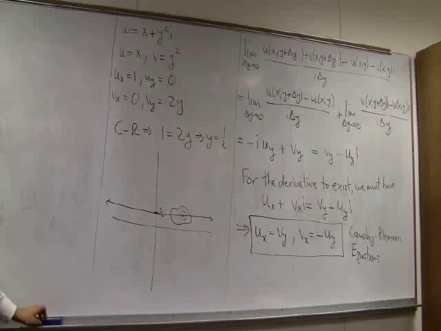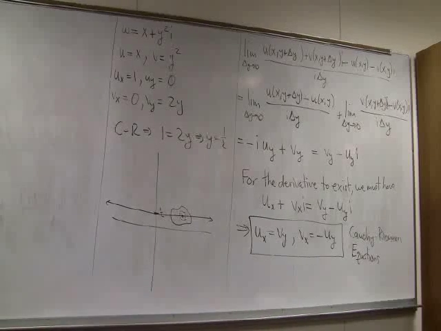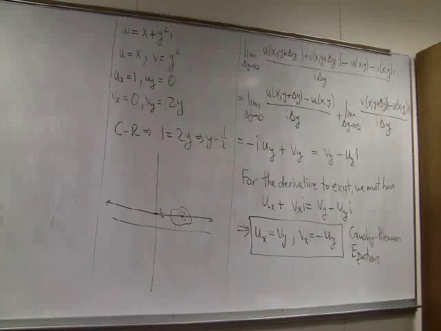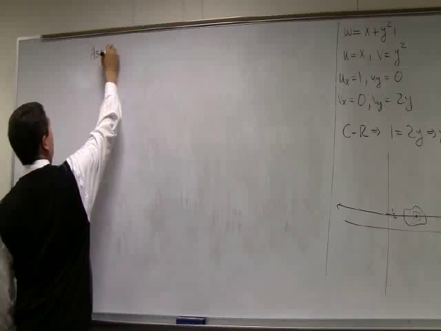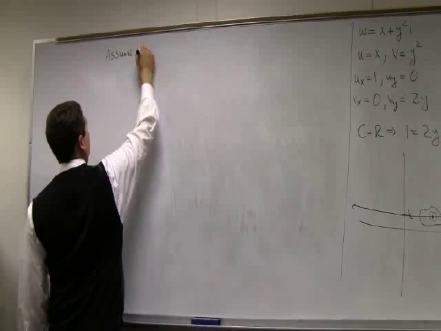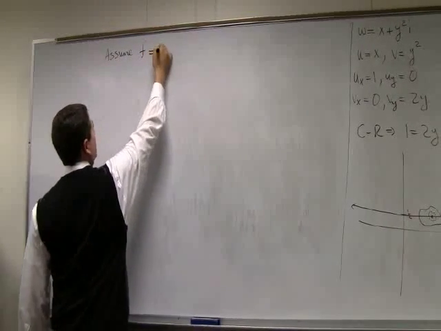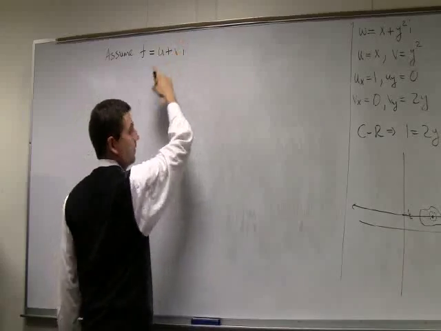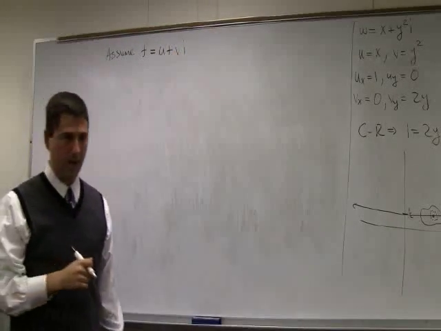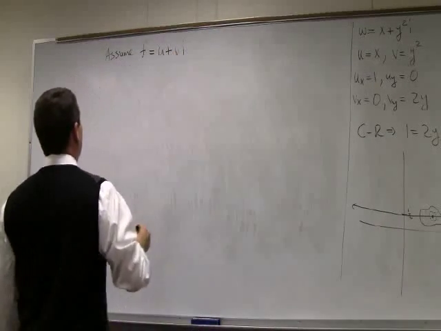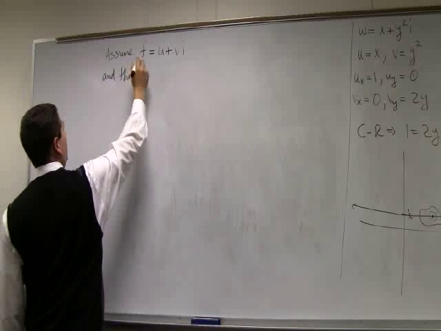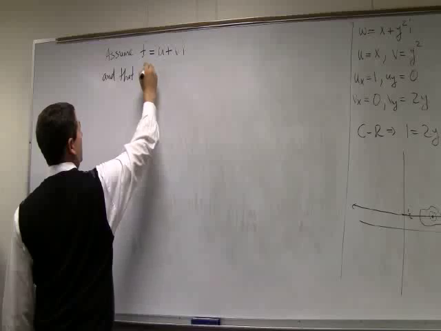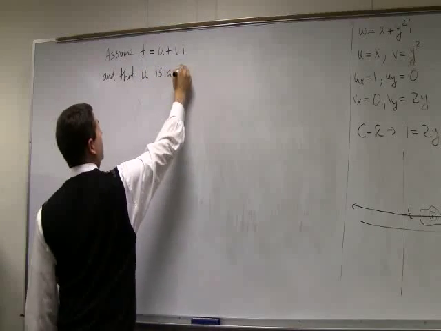Let's do this example. This is better. Okay, so here's another example where let's assume f is given as u plus vi, in the usual sense that we've meant today, and that u is a constant.